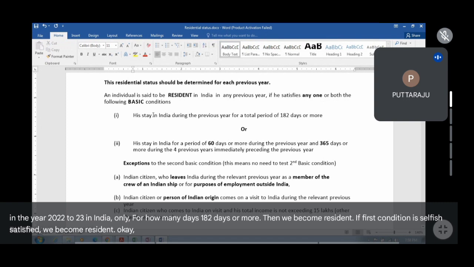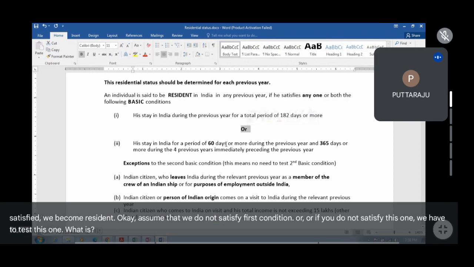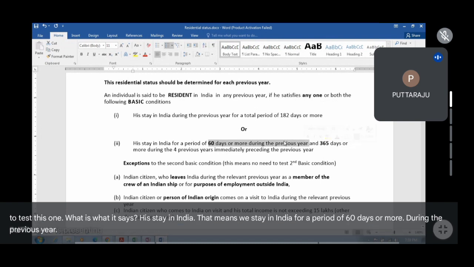Okay, assume that we do not satisfy the first condition. Or, if you do not satisfy this one, we have to test the second. What does it say? His stay in India for a period of 60 days or more during the previous year, meaning 22-23, and 365 days or more during the four preceding previous years.